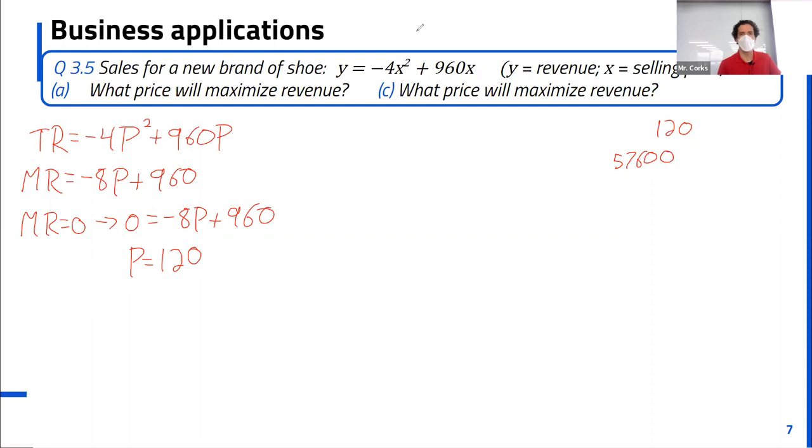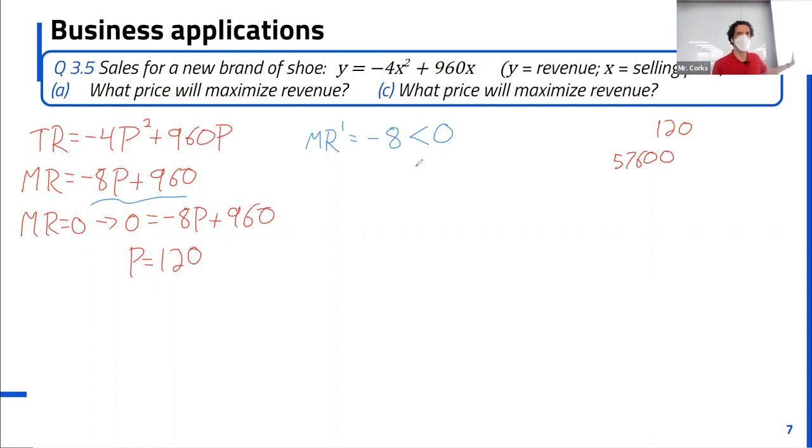So we find our second derivative here, so our derivative of marginal revenue. And if our marginal revenue is this, then our second derivative is just -8. And if it's -8, that is less than 0.